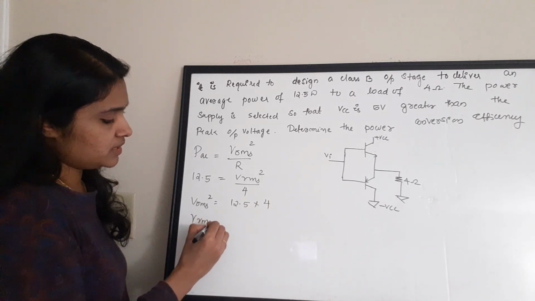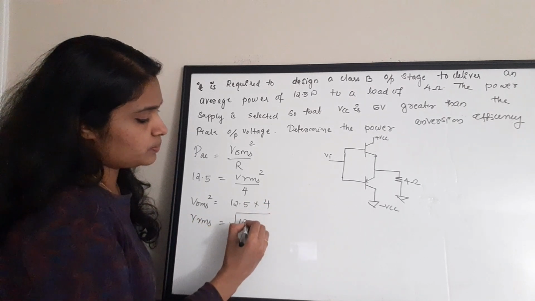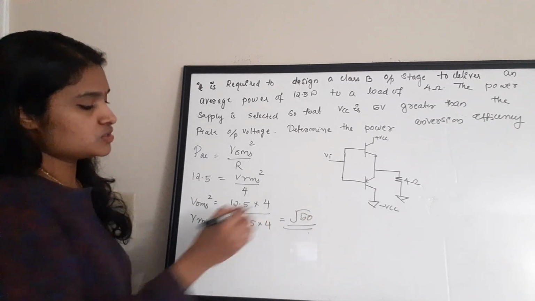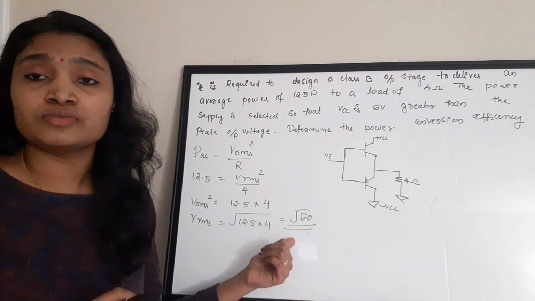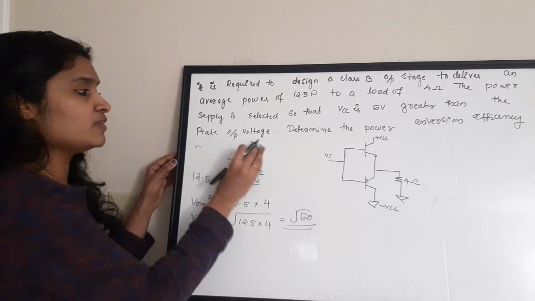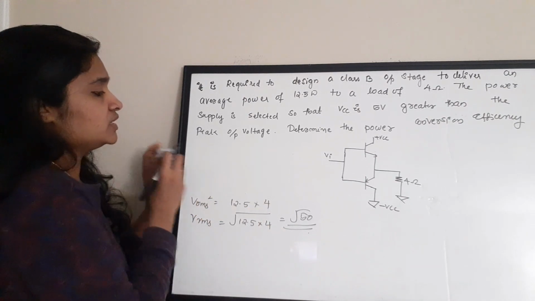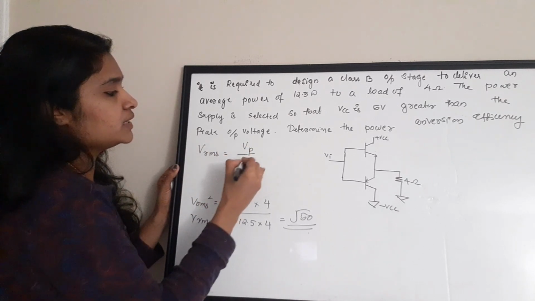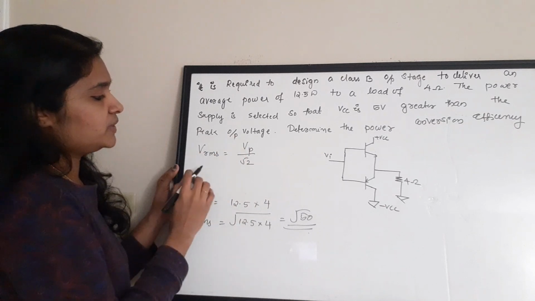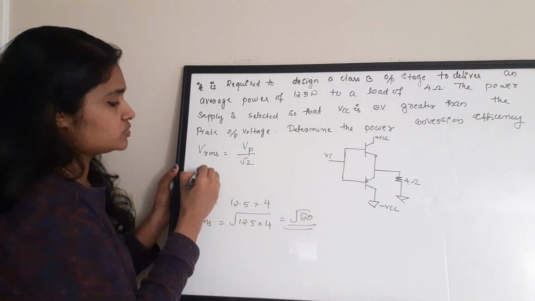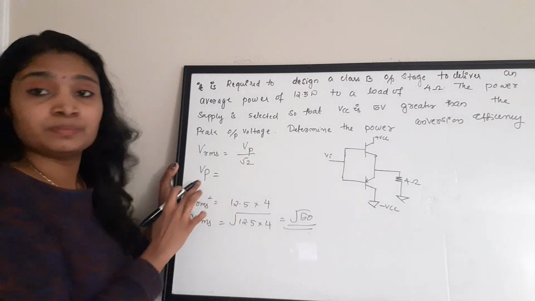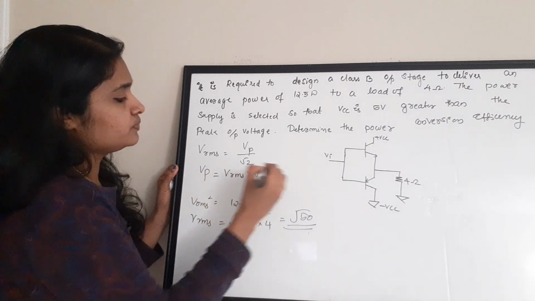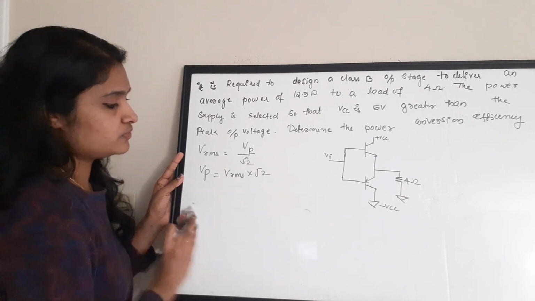So Vrms will be the square root of 12.5 into 4, which is the square root of 50. Okay, so this is the RMS value of output voltage. Now what is the peak value? We can use the relation Vrms is equal to V peak by root 2. So V peak will be equal to Vrms into root 2. So Vp is the peak output voltage. Okay, so it is Vrms into root 2. Vrms is the square root of 50.